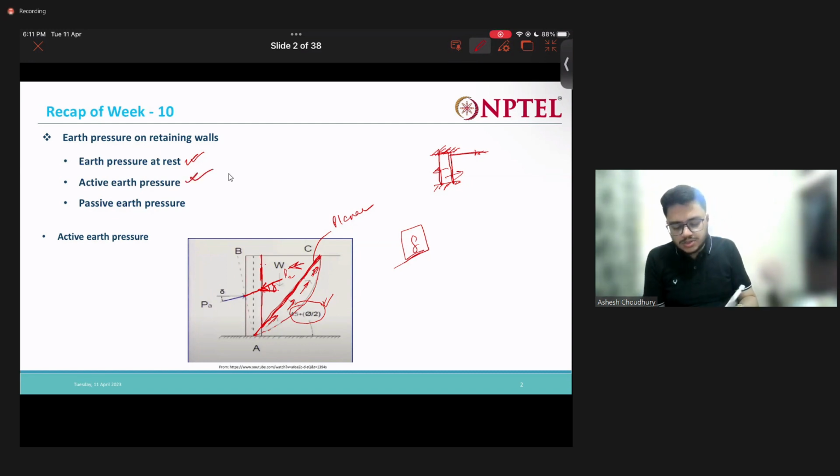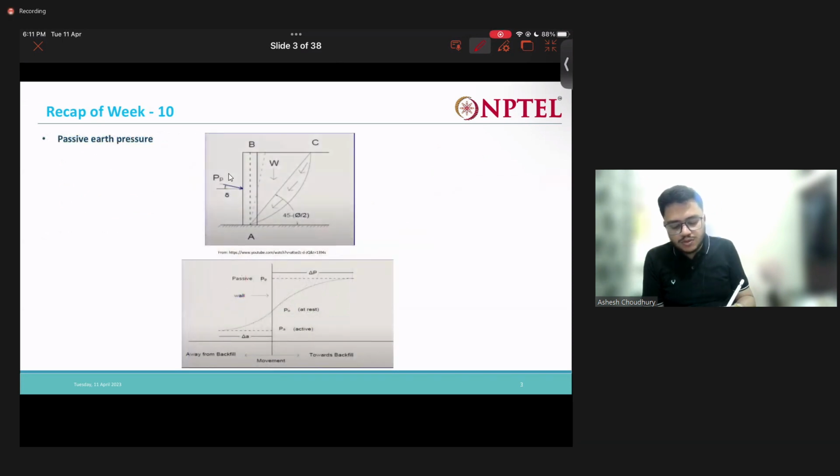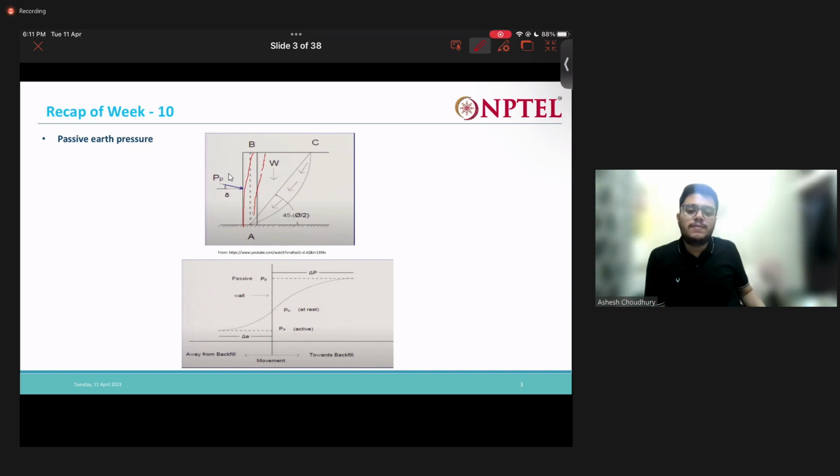So this was active earth pressure. Similarly, if the wall moves towards the backfill, the earth pressure acting on the wall is our passive earth pressure.